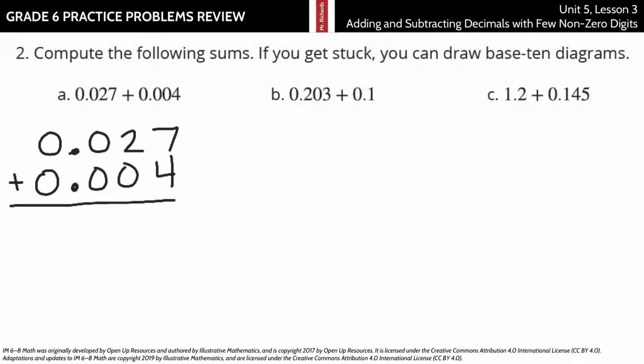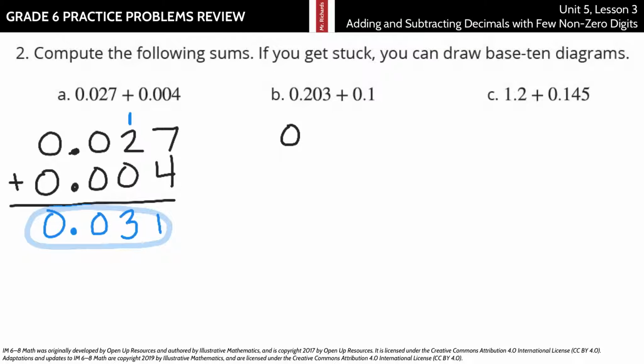We can add the 7 and the 4, which are in the thousandths place, and we end up with 11 thousandths. So basically, move 1 hundredth over. We have 1 plus 2 plus 0 is 3 in our hundredths. We have no tenths, and we have no ones, and so our solution here is 31 thousandths.